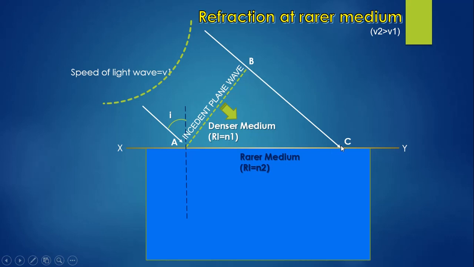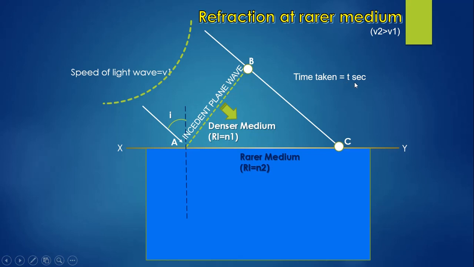B is away from this XY interface by a distance BC. Now we have to measure how much time this incident plane wave will take to travel from B to C with a speed v1. So let us assume that it is traveling from B to C. It has taken time t seconds to travel from B to C.